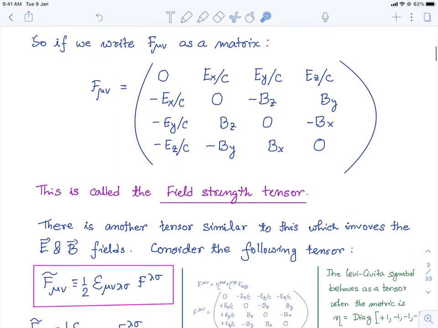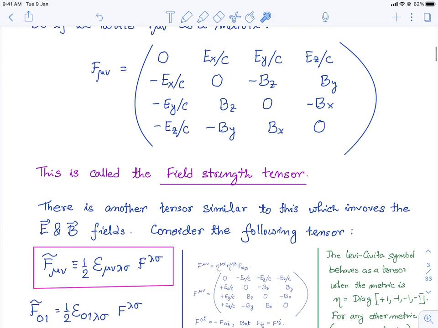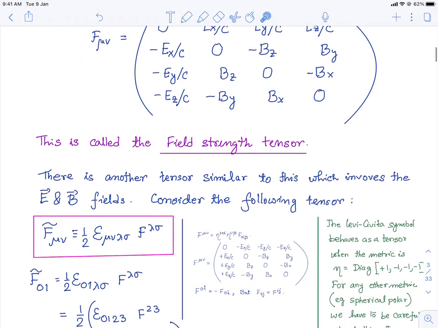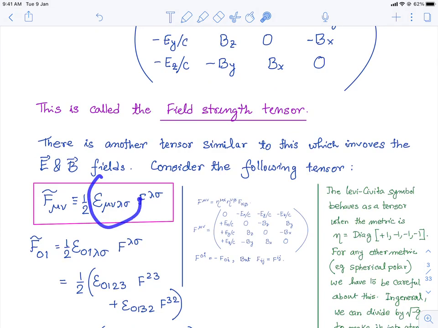Now, apart from this field strength tensor, there is one other tensor which is also composed of the electric and magnetic fields. In fact, it is expressed in terms of the field strength tensor only, because in 4 dimensions you have this epsilon, or this Levi-Civita. With the help of this Levi-Civita, it is possible to construct another tensor which is F tilde.